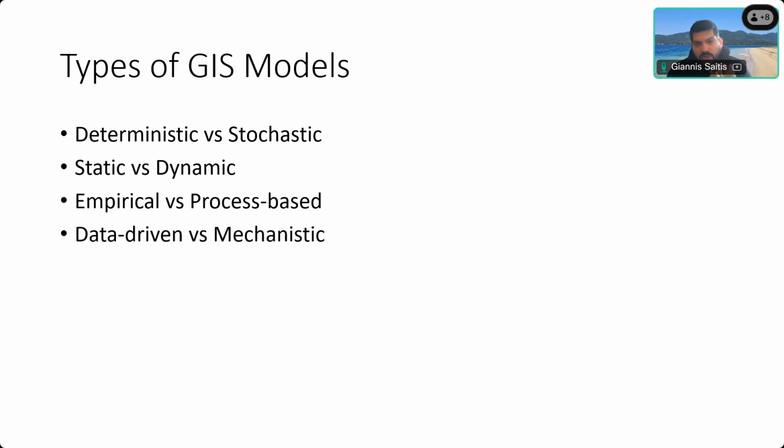So the model will provide you a physical and standard result. So sometimes we can say that the process-based models are very connected to the deterministic models. Some of the deterministic models are connected to the process-based models.